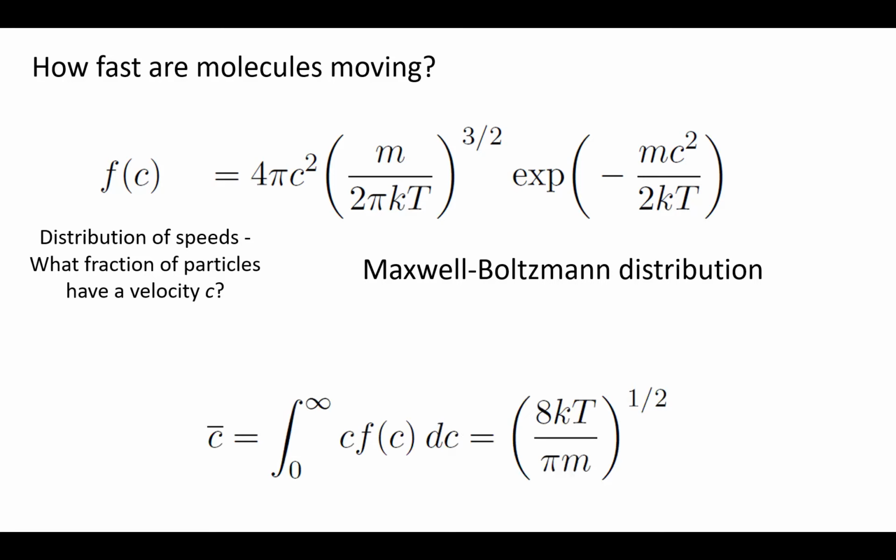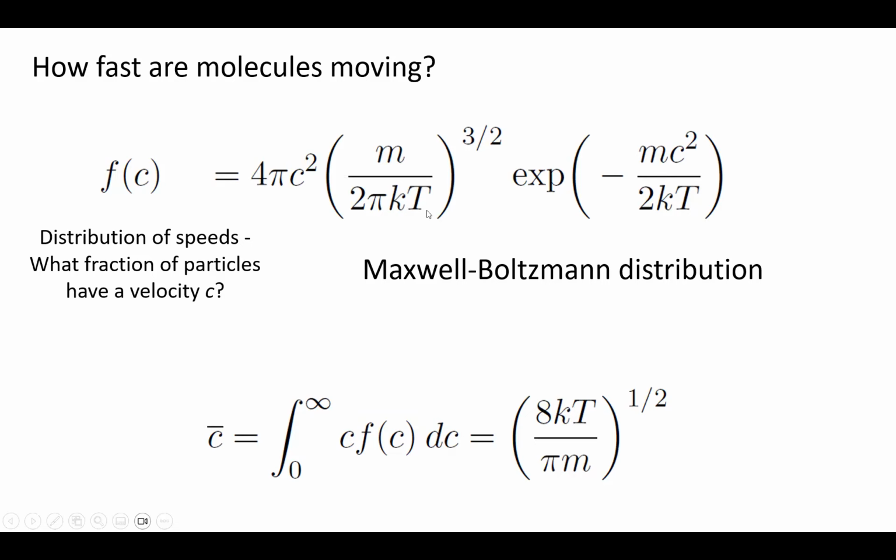So we talked about a number-weighted diameter for aerosol sizes. We can, in the same way, calculate the mean speed of our molecule, C bar, by taking the molecular speeds and weighting them by this distribution of speeds, right? And then integrating over all the possible speeds from 0 to infinity.